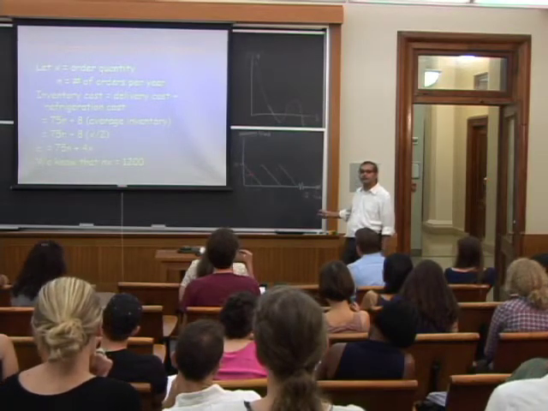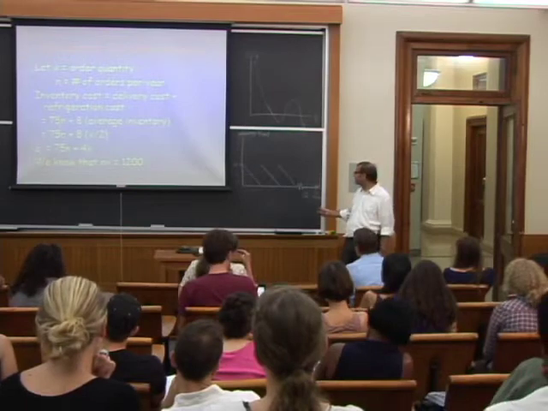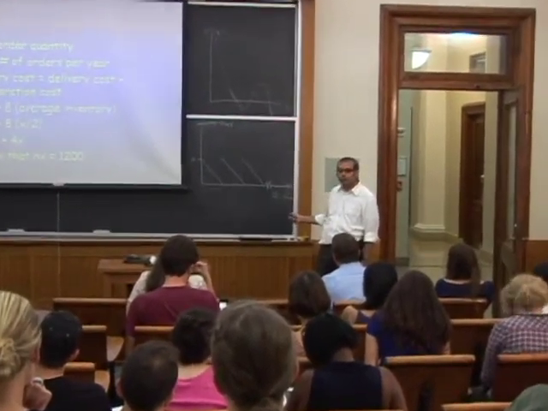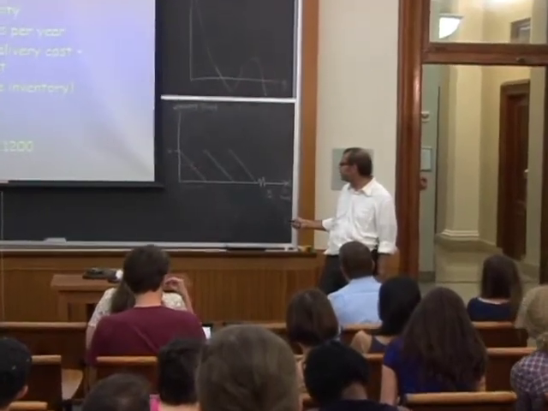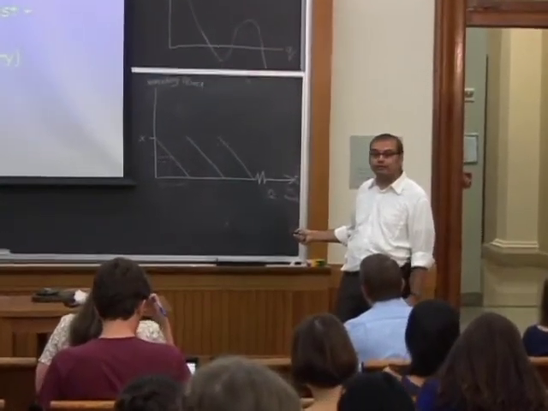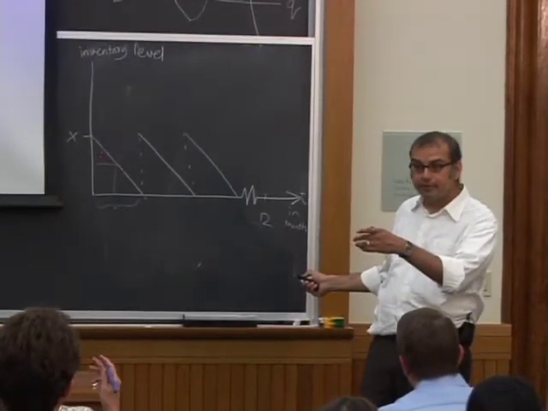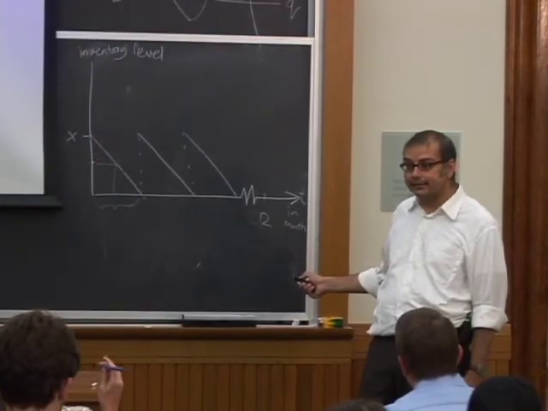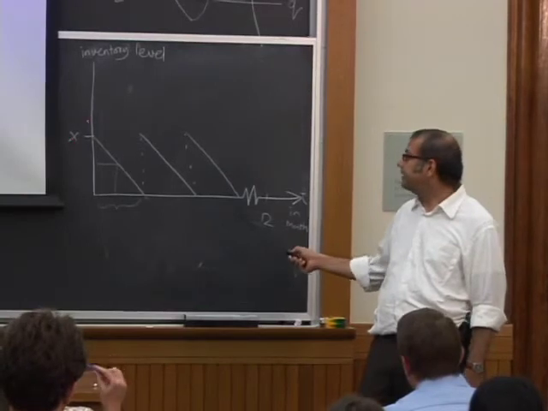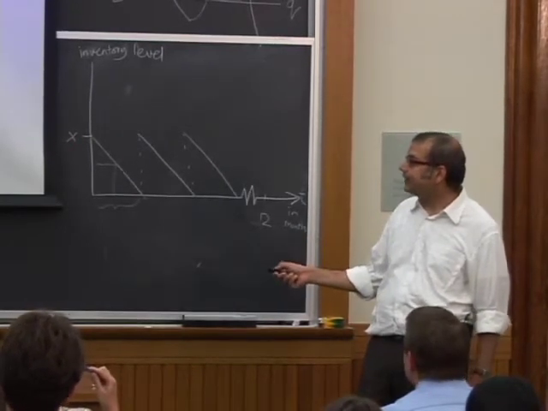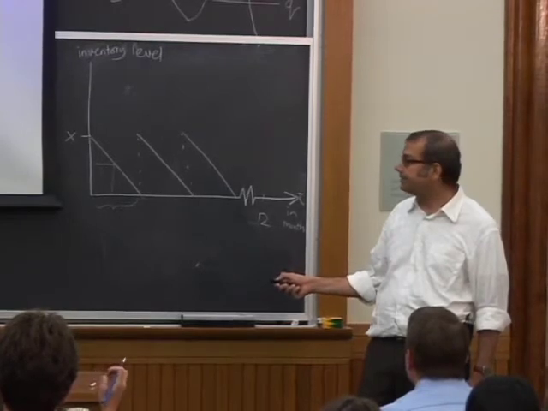And you can just assume, without having to look at this or abstracting from this, that your refrigeration cost is going to be, in that case, 50 times 8. But 50 is if we chose x equal to 100, so it's really going to be x divided by 2 times 8.